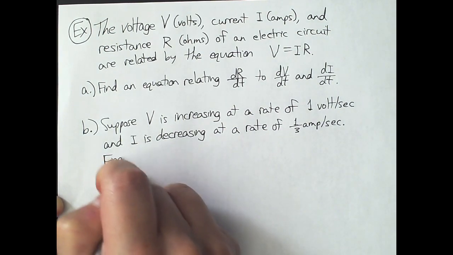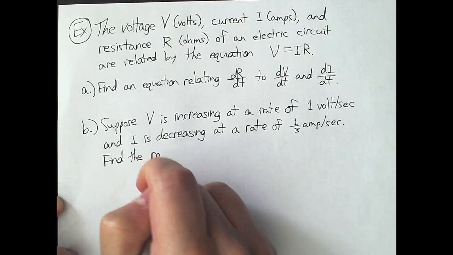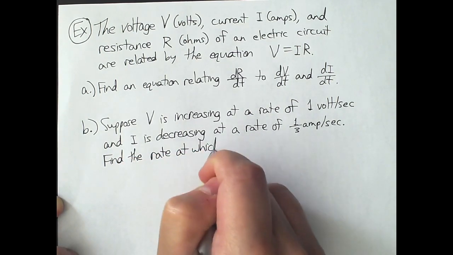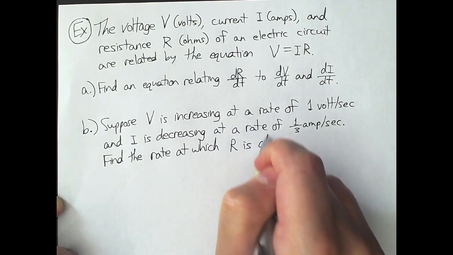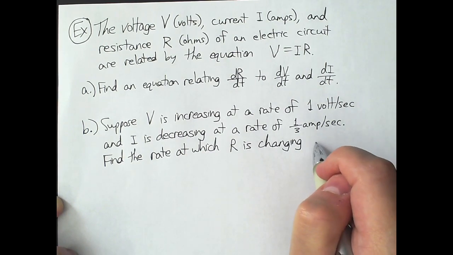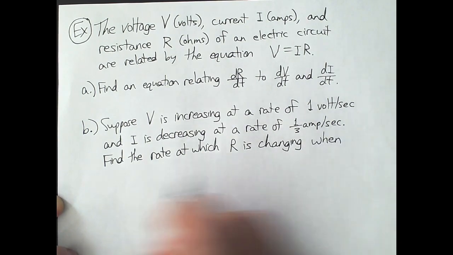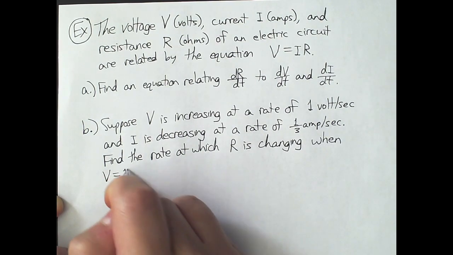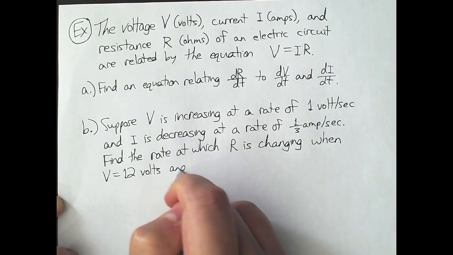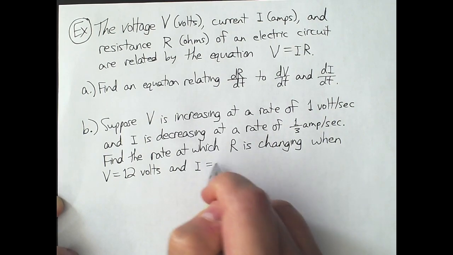Find the rate at which R is changing when V equals 12 volts and I equals 2 amps.